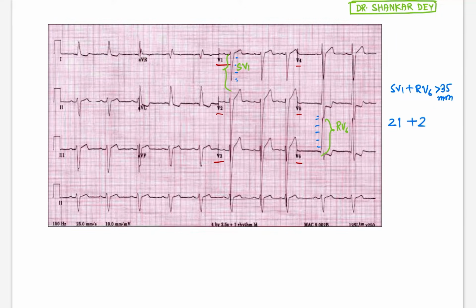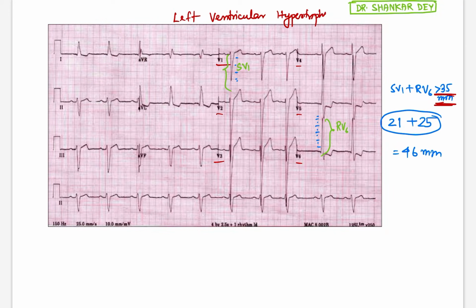So almost 25. That means the summation of these two is 46 millimeter. So as I have told you, if the summation is more than 35, it is left ventricular hypertrophy. So this is nothing but left ventricular hypertrophy or LVH.